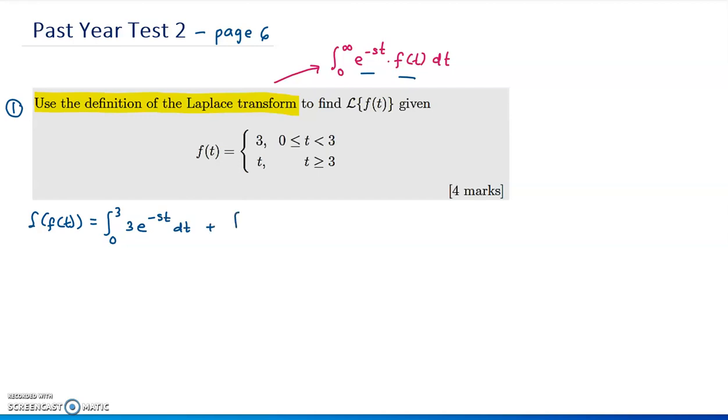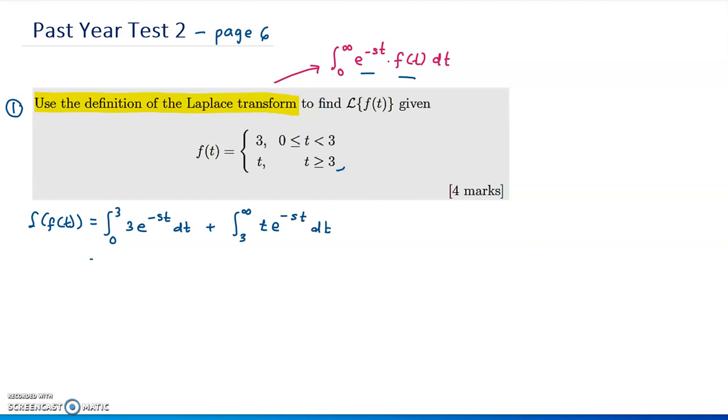Plus, for the second interval, it is for t greater than or equal to 3, so it started from 3 onwards. On the integral the limit is from 3 to positive infinity, and then we have e^(-st) times t. Normally we write the t first, and then e^(-st) dt.